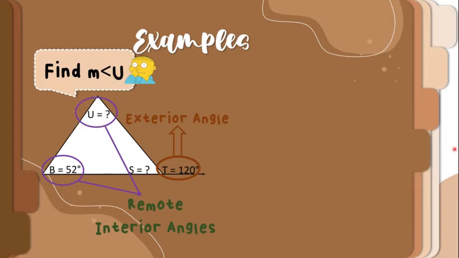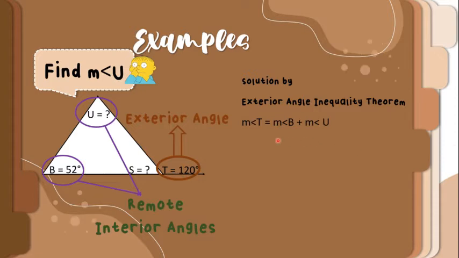Now let's start the solution by the exterior angle inequality theorem. The exterior angle inequality theorem again states that the sum of the two remote interior angles is equal to the measurement of the exterior angle. Now we have the formula.